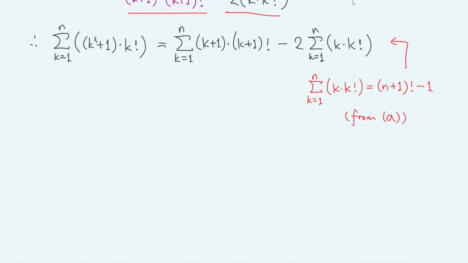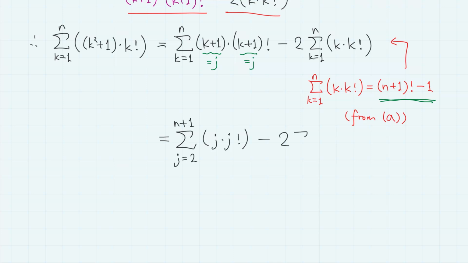And for each term, we can use the result of problem A. Especially for the first summation, the expression is simpler if we let k plus 1 as j. Then we have the summation of j times j factorial, where j is from 2 to n plus 1, minus 2 times the summation, where k is from 1 to n, of k times k factorial.